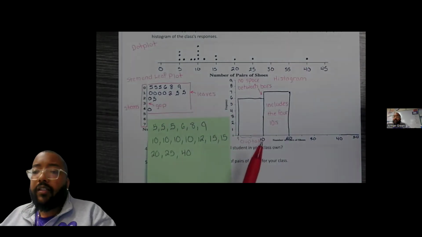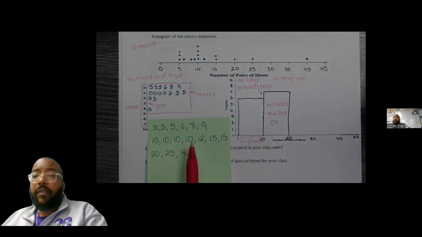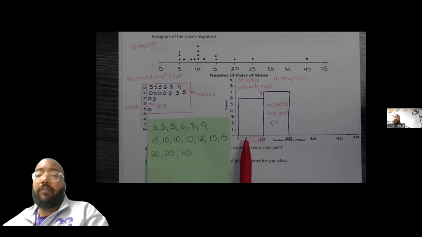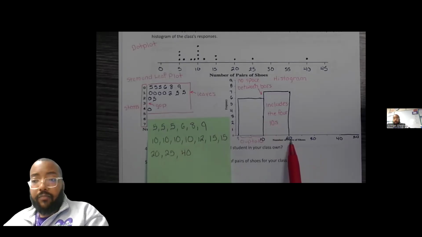So it's going to be important when you're creating a histogram, I know sometimes if we're looking at this bar from 0 to 10, we might have put these inside this first one. No, you have to be careful about that. These tens are actually going to be in the 10 to 20 range because we're starting from this number, including it, and we're taking everything up to this number, not including it.